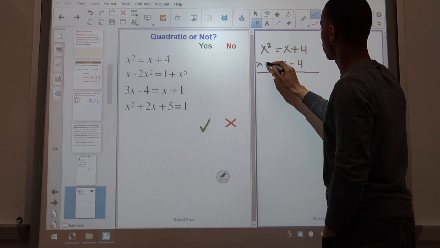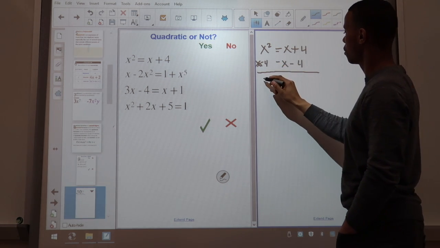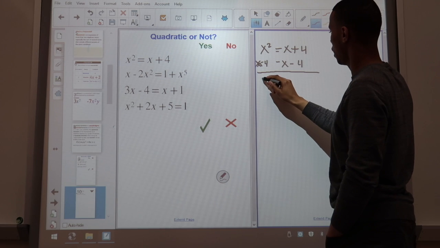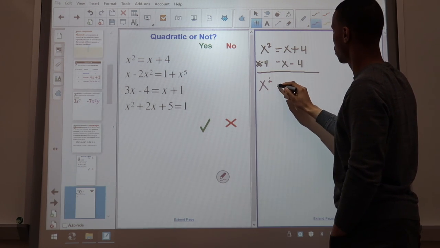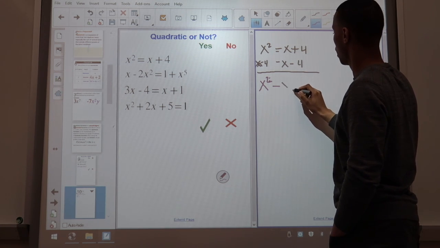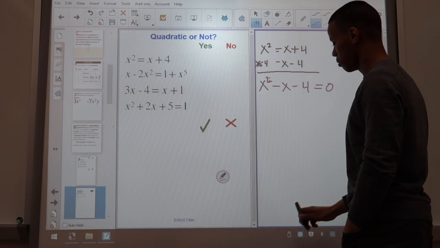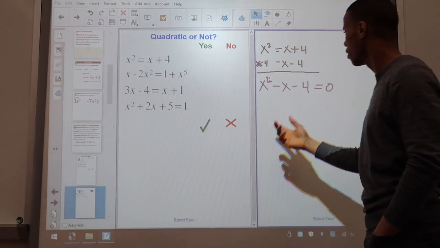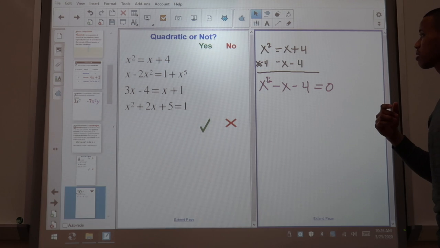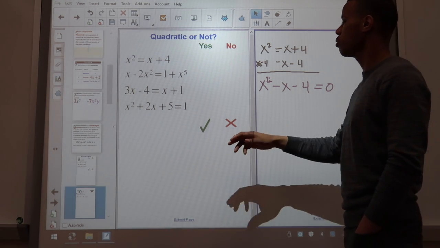Then I have x squared minus x minus 4 equals 0. So now, look at this, you have x squared minus x minus 4 equals 0. So this is indeed a quadratic function.